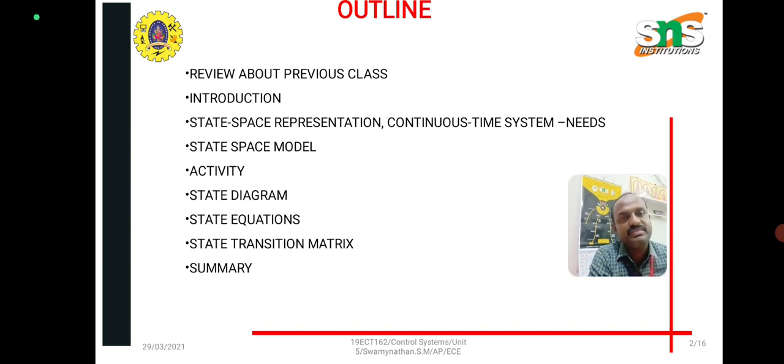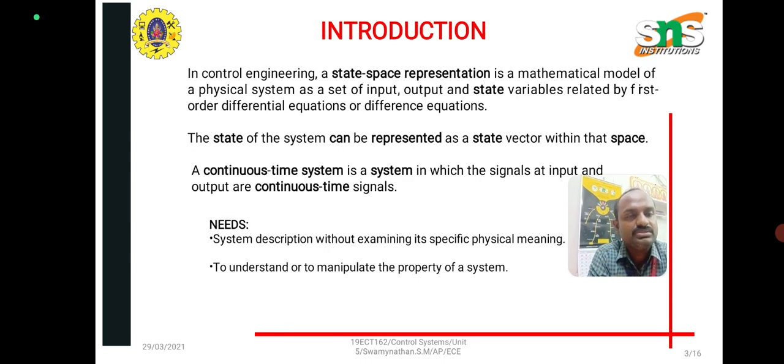First, the introduction. This is the introduction, and then the state space representation in the CT system and the need for a state space model, followed by the activity, state diagram, state equations and state transition matrix, and summary. In the state space representation, the mathematical model of the physical system is called input, output, and state variable in first order differential equations.